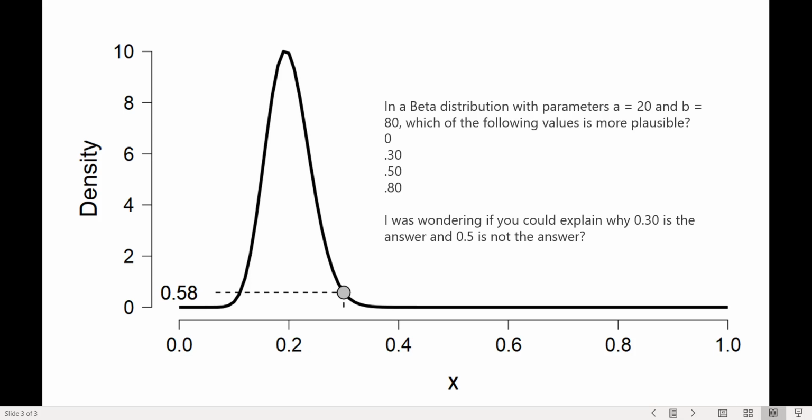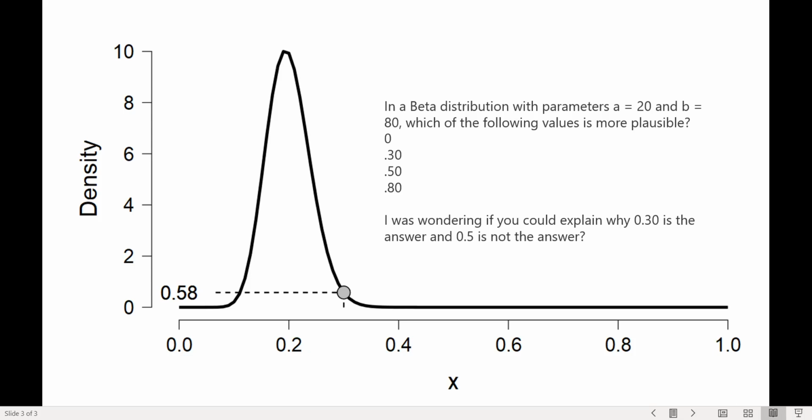And so if we have 20 successes and 80 failures, that means that we've got 20 out of 100 trials that are successes.